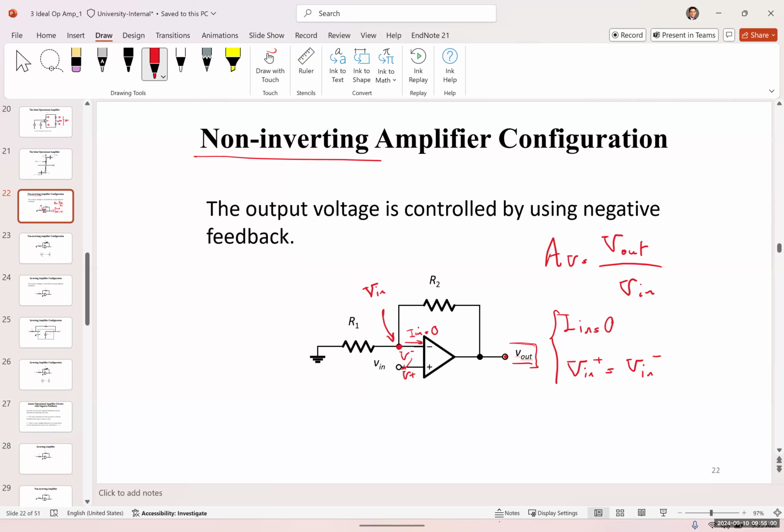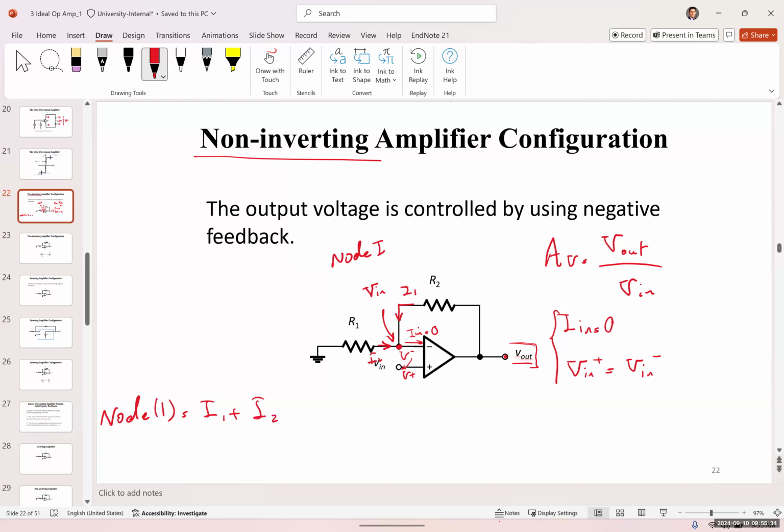Now, I can use Kirchhoff's current law to be able to find Vout in relation with Vn. So let's put it this way. I'm going to put a current coming in here, and a current coming here. And I'm going to call this node number 1. So for node number 1, I'm going to call this I1, and I'm going to call this I2.